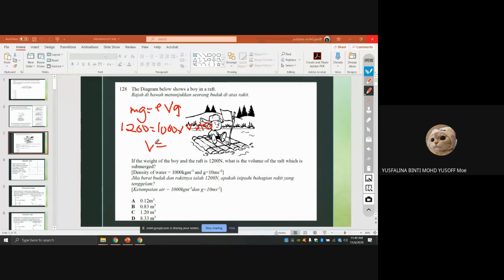So v is actually 0.12. So the answer is A. You have to remember that when the object is floating stationary, the weight is equal to the buoyant force, so you can use this equation. Alright, next one.